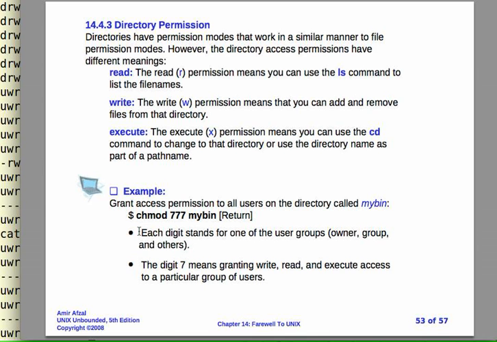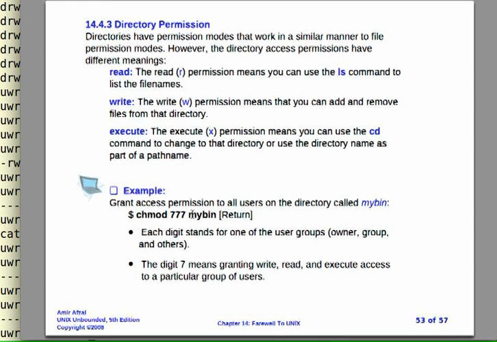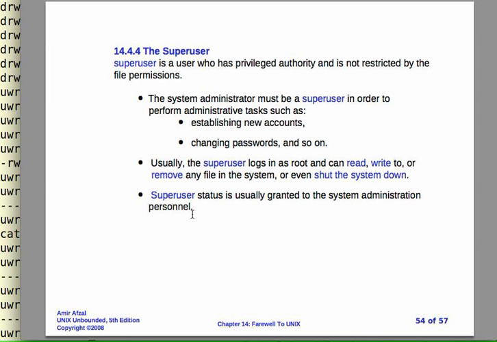So for example, if you say chmod 777 for a directory, that means everyone can read, write, look at the contents of that directory, add and remove files, and cd into it. So try different combinations of the chmod command.